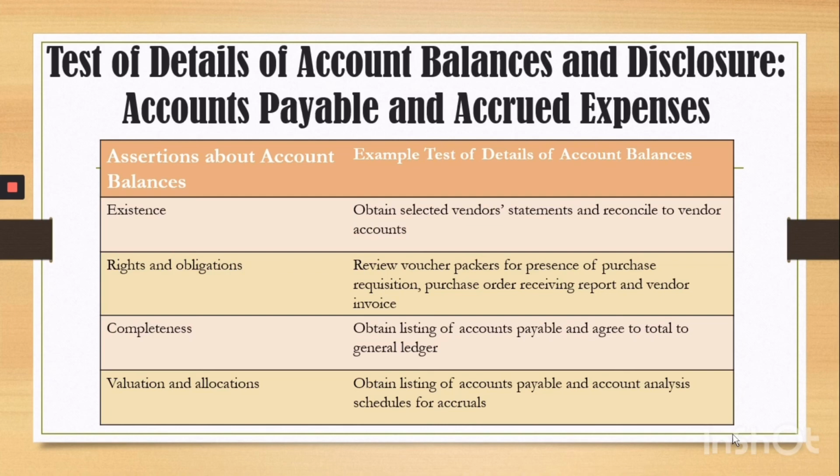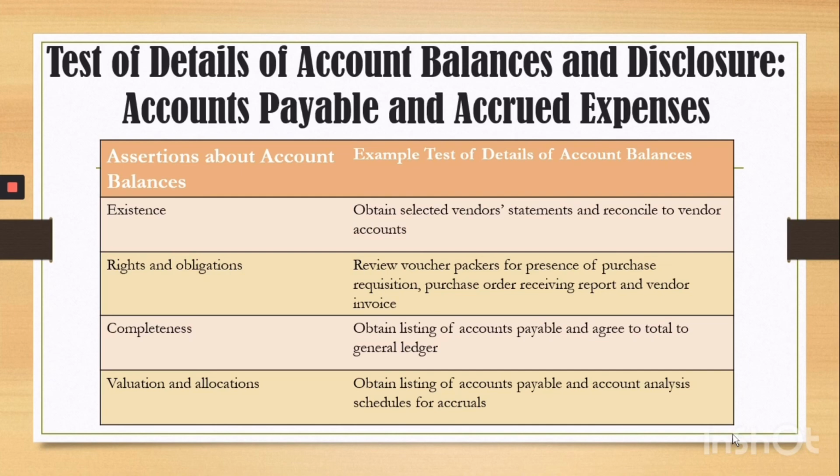The third component is on the completeness. Supposedly all accounts payable and accrued expenses have been recorded. So, in order to perform the test of detail, the auditor may obtain a listing of accounts payable and agree the total to the general ledger.